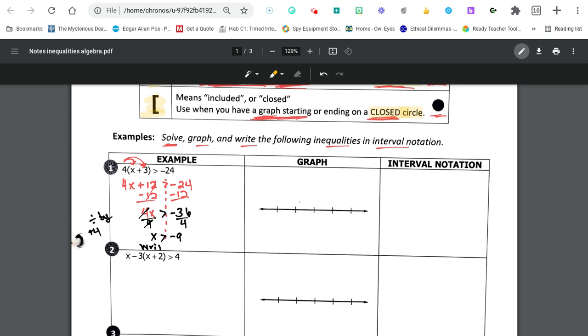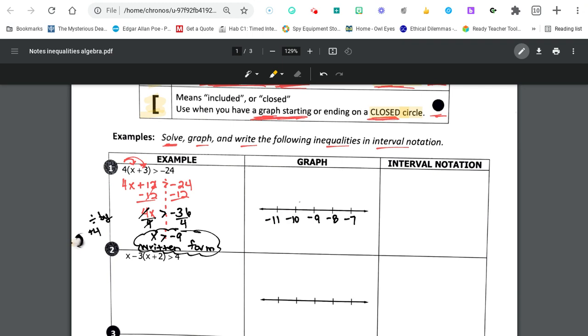Now this is what we call written form, because you just wrote your answer out, x greater than -9. So I'll come here and I'll put my -9, and the numbers to the right are -8 and -7. The numbers to the left are -10 and -11.